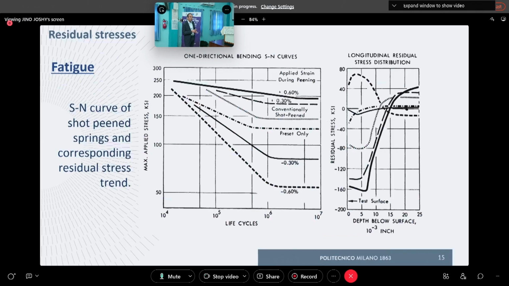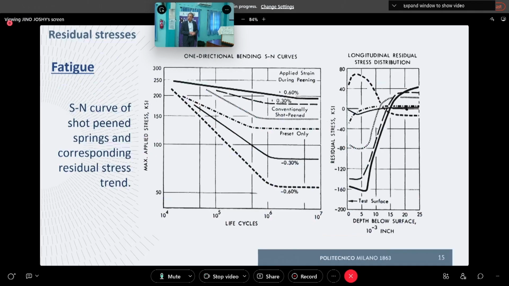And if we increase the load of preset of stress peening on the right side of the leaf spring, doubling the load, we improve the limit again to 200 megapascal. This is related to a further improvement of the compressive residual stresses, the solid line.